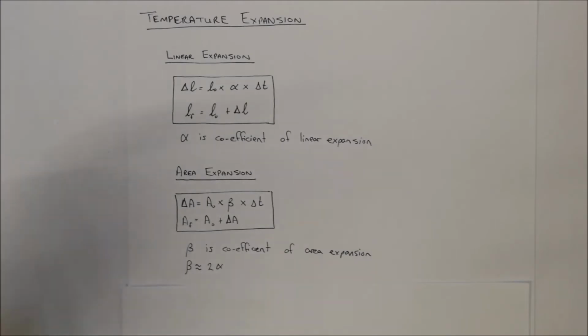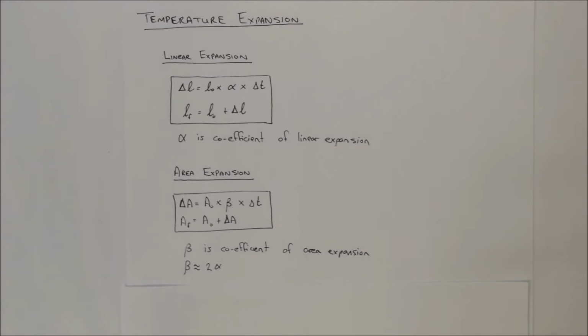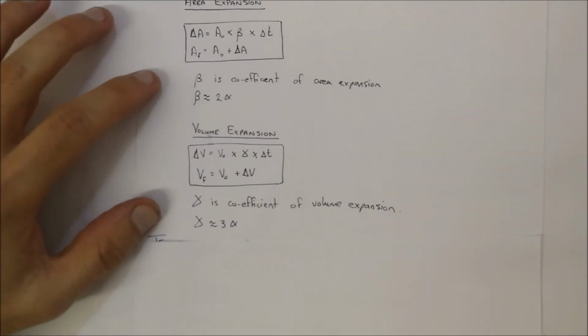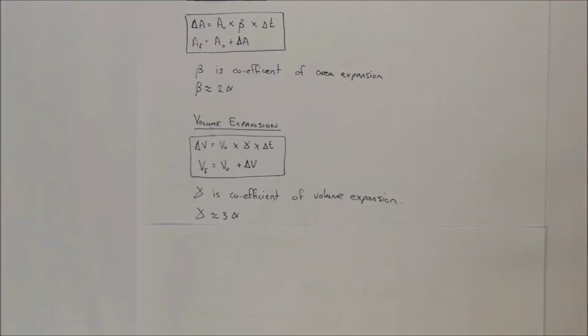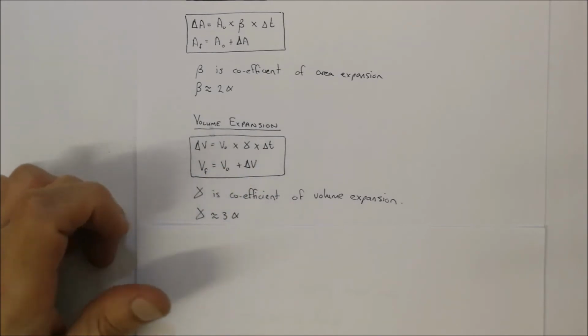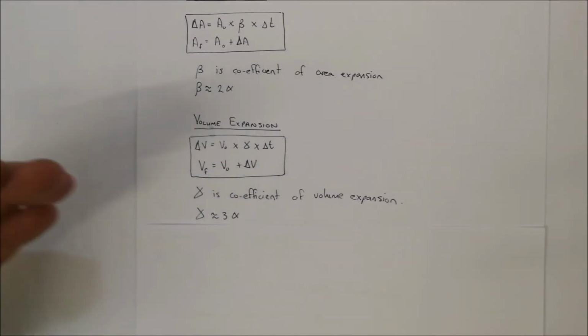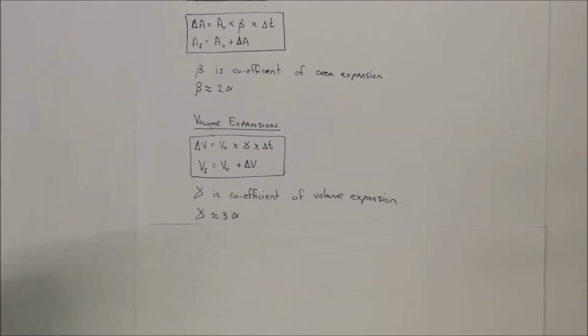So we've looked at it in terms of a one-dimensional system, and now a two-dimensional system. Now we need to look at it in a three-dimensional system, and that's volume expansion. It's very similar to area expansion. The change in volume is equal to the original volume multiplied by gamma multiplied by delta T. Our only difference is that we're looking at change in volume and original volume, with the variable gamma, which is not beta or alpha anymore.